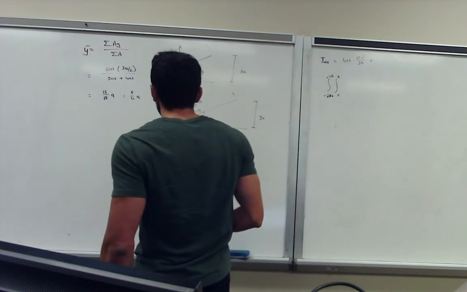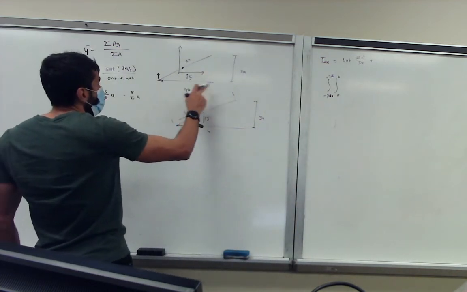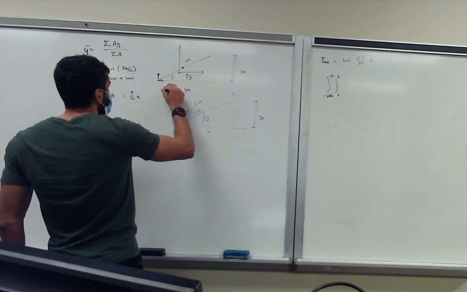The y distance is, if this is 4 and this is 3, by definition this is 30 degrees, right?